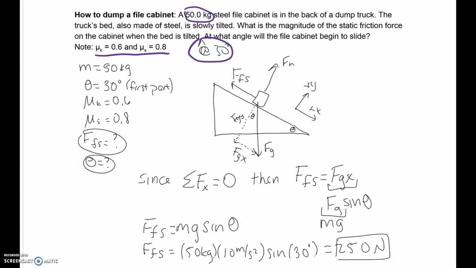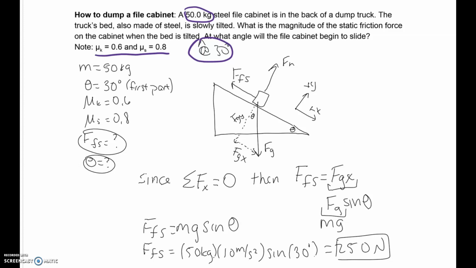Alright, so right now, the filing cabinet has not slid yet. It's just sitting on the bed of the pickup truck. So therefore, it's in equilibrium. So if we sum our forces, the forces must sum to 0 because it's in equilibrium.